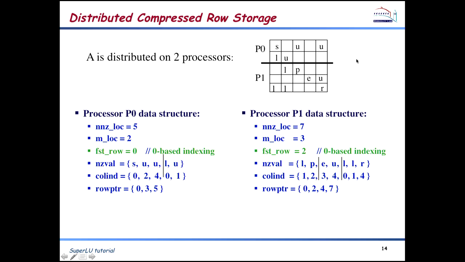The code is implemented in C. So the first row is starting from 2 in the global matrix sense. So you need to tell me this. And then the NZ-val is given like this. And the column index, the corresponding column index, and the row pointer, it's starting from 0 to 7 for each of these 3 rows. The last one is just an end pointer.